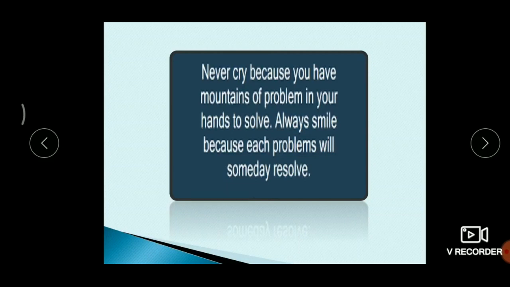So with a positive attitude, with a smiling face, solve each and every problem, whether it is in your books, in the form of numericals, or in the form of any real life challenge. Just accept it with a positive mindset and with a smile, solve it. Be positive.